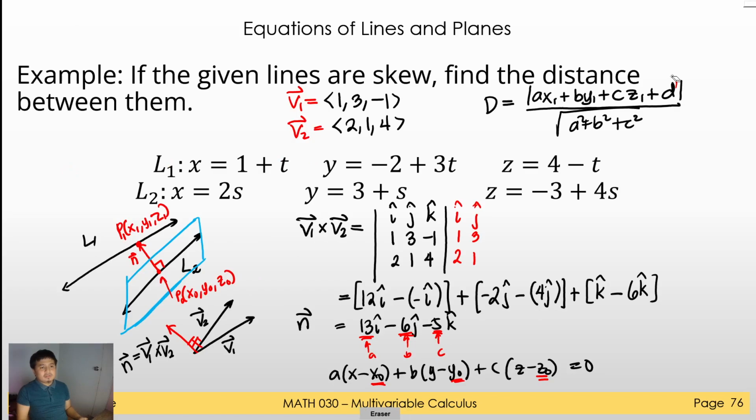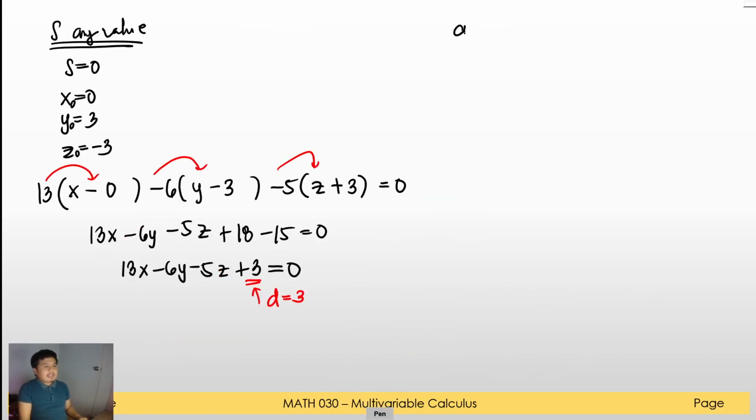Okay, good. We have values for A, B, C, and D. We now want to find x1, y1, and z1. For x1, y1, and z1, any point at the first line will do, so any arbitrary point here, guys. You can choose any value of t. Let's just choose t is equal to 0 to make things simpler.